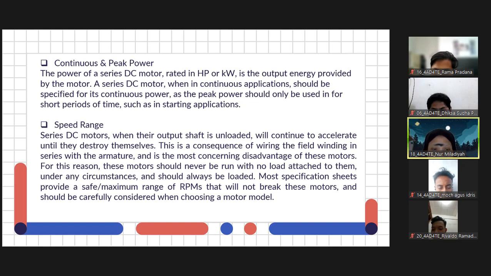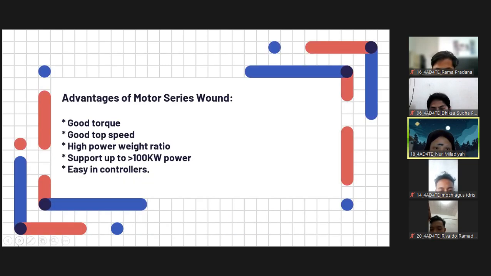For this reason, this motor should never be run with no load attached under any circumstances and should always be loaded. Most specifications provide a safe or maximum range of RPM that will not break the motor and should be carefully considered when choosing a motor model.